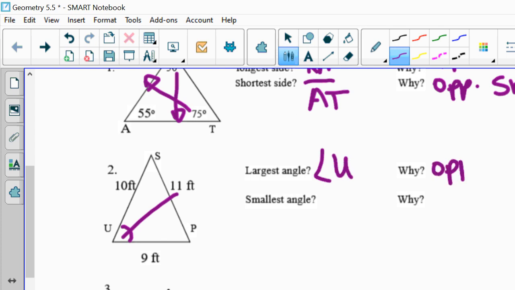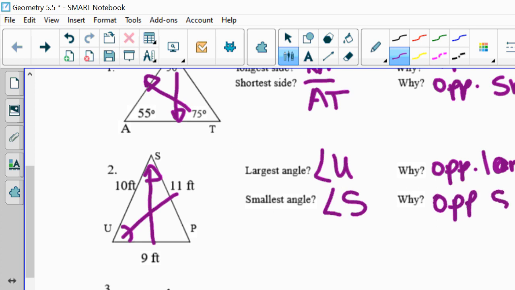It's opposite the longest side of 11. The smallest angle, my smallest side is 9. Across from that is angle S. It's opposite the shortest side, 9. Okay.